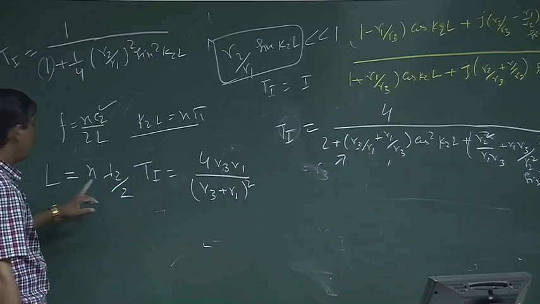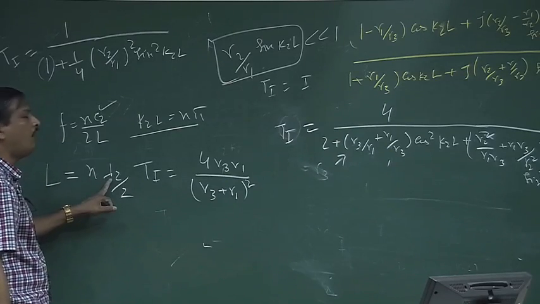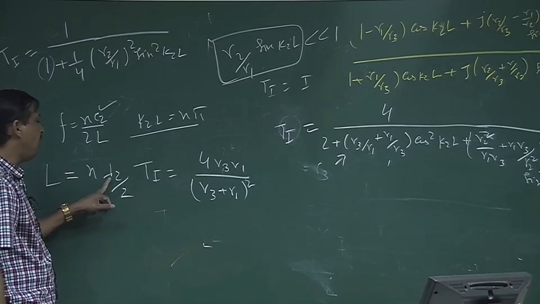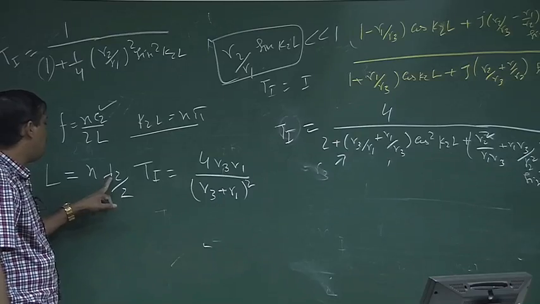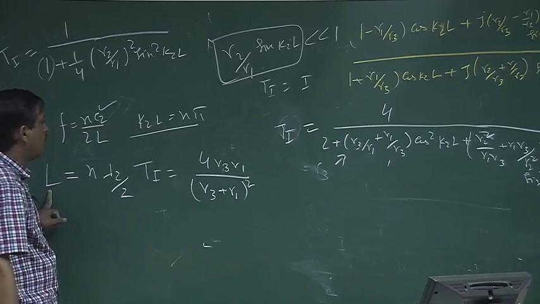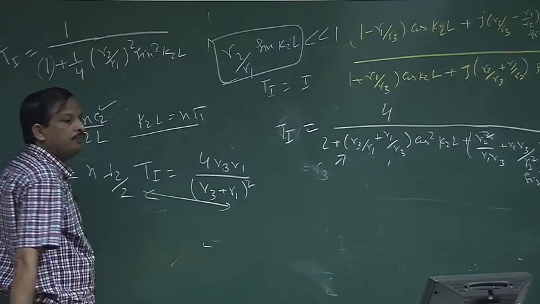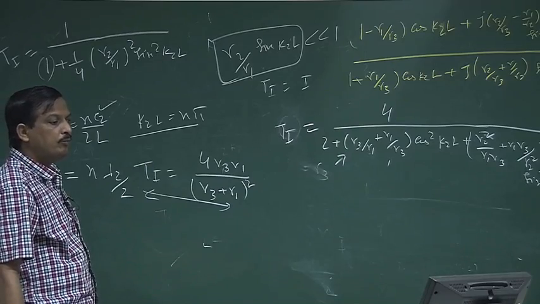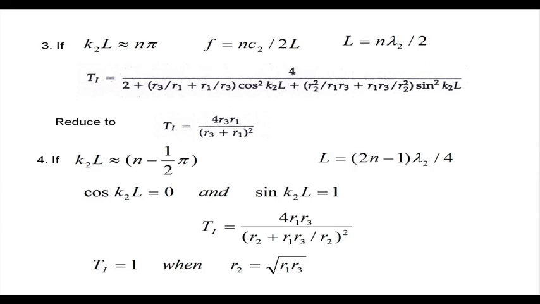If the thickness of the wall is an integer multiple of lambda 2 by 2, then for those frequencies Ti will be 4 R3 R1 divided by R3 plus R1 whole square.